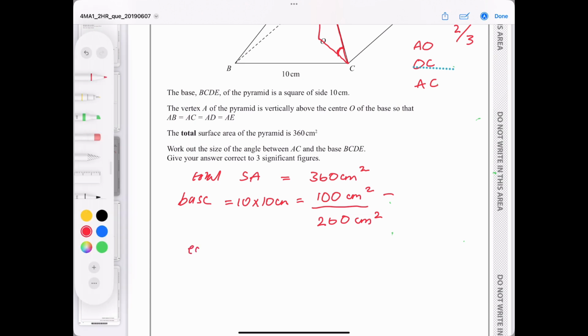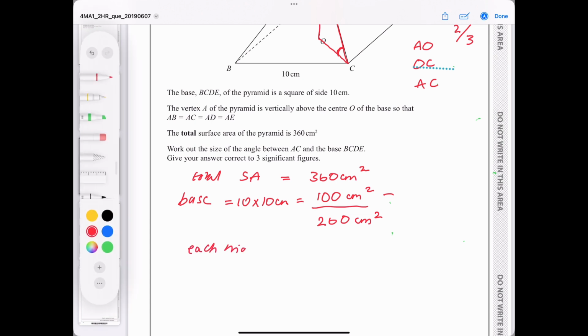So each triangle area equals 260 divided by 4, which is 60. Is it? I think it's 65, but I'm just going to do a quick check because I am tired. 260 divided by 4 equals 65.